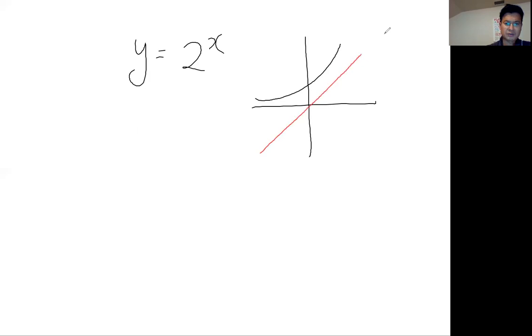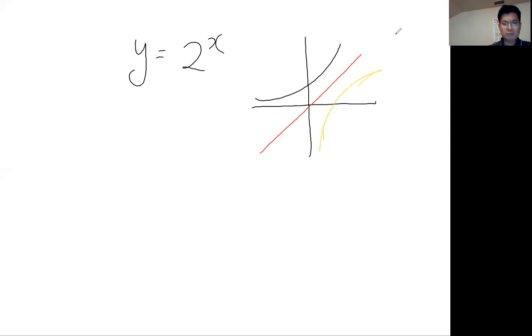Let's say y equals 2 to the x. The graph of this one looks like this. But when you think about the inverse function of this one, since inverse function means symmetric over the y equals x line, it's going to be something like this.